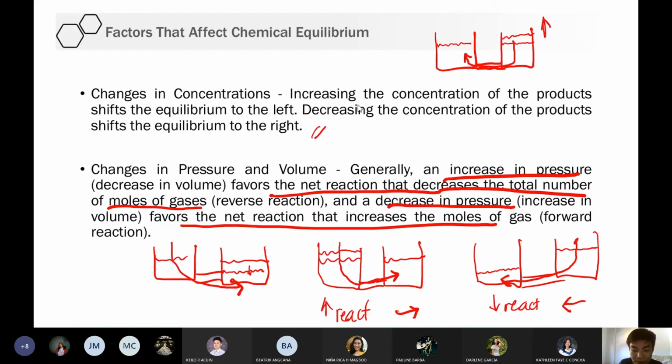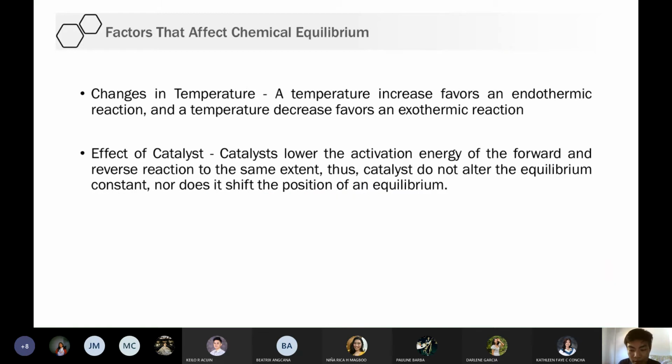So for temperature changes, if the temperature increases, it will favor endothermic reaction. And if the temperature decreases, it will favor an exothermic reaction. So what is an endothermic and an exothermic reaction? Endothermic reactions have delta H values that are positive.